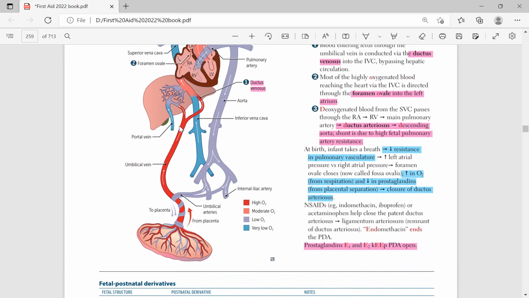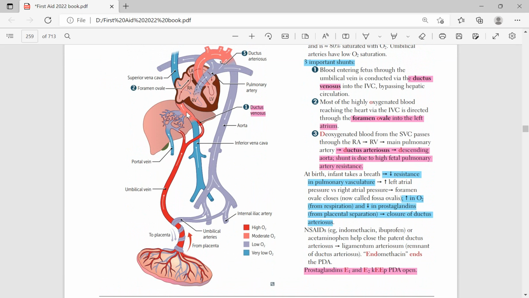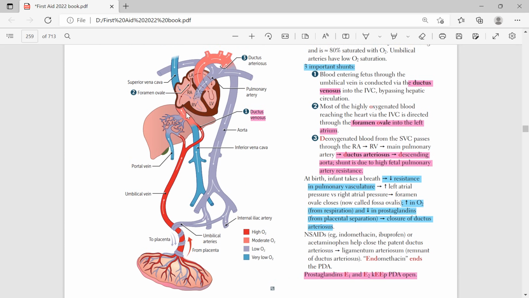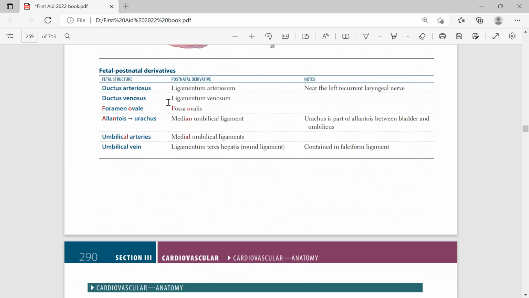Highest oxygen saturation in the umbilical vein and ductus venosus. Moderate oxygen in part of the inferior vena cava, descending aorta, arch of aorta. Low oxygen saturation in the pulmonary artery, descending aorta, internal iliac artery, umbilical artery. Very low oxygen in the superior and inferior vena cava.